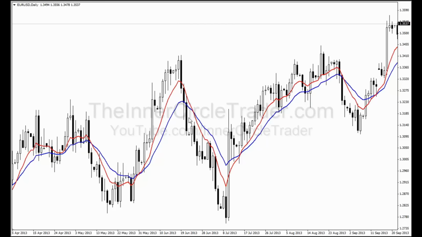So we already identified when the parameters are in place for a selling framework: when the 9 is below the 18, and when the 9 is above the 18, that's the framework to be a buyer. Again, do not worry about catching these turning points, because what I'm allowing you to do is this: you're going to run into where your trading stops being profitable, and you'll have to, number one, adjust your equity.